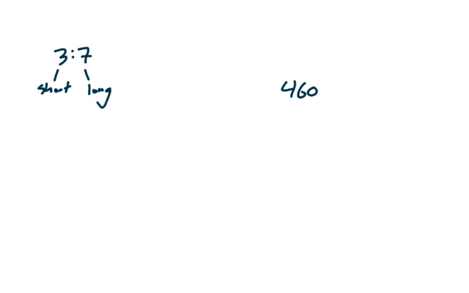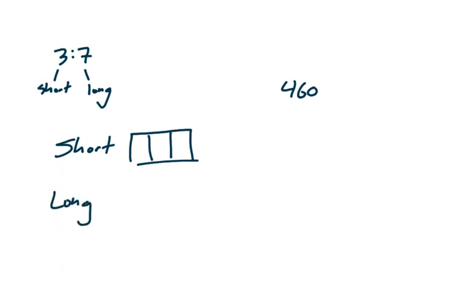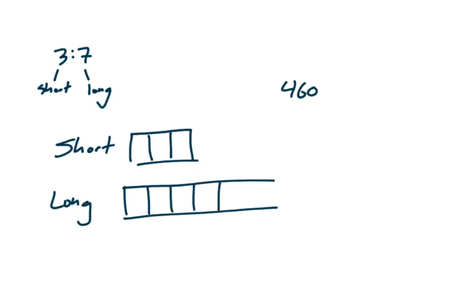We would first draw our short sleeve box, and that one is only going to have 3 boxes in all. The long sleeve box will include 7 divisions, because she sold way more long sleeve shirts than short sleeve shirts.